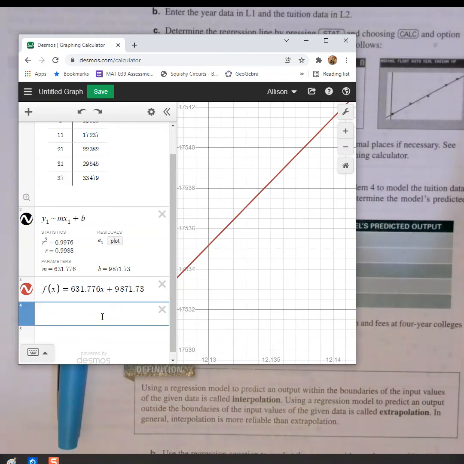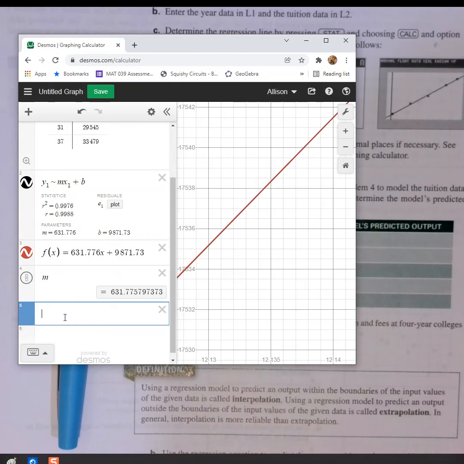What I would also like to note about those parameters, though, is this has actually assigned the letter m with the slope value. So if I just type the letter m, I actually get the full value for that slope. So if I did need more decimal places than the 3 that I can see up here, I could hit the m key and I could get more places because the letter m has been assigned with that slope. The same thing is true of b. The letter b has been assigned with that value.